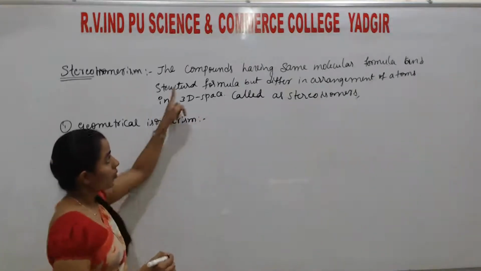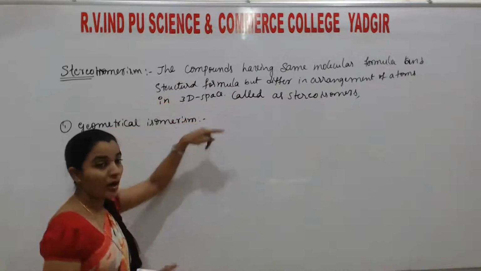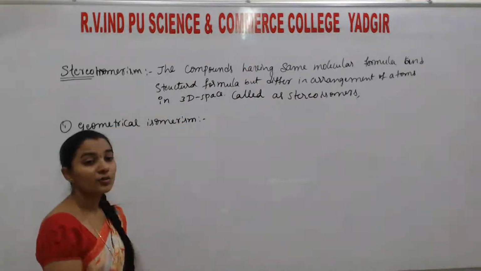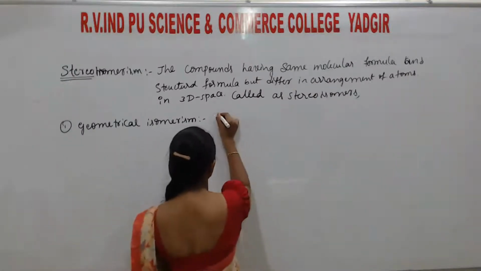Alright? The compounds having the same molecular formula and the same structural formula but differing in their geometry. Understand?